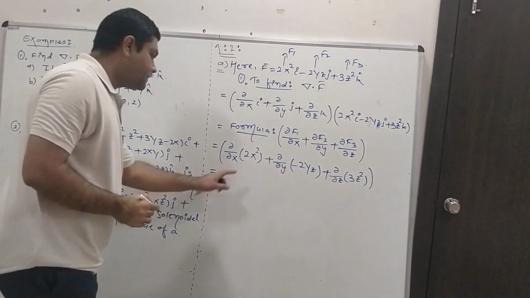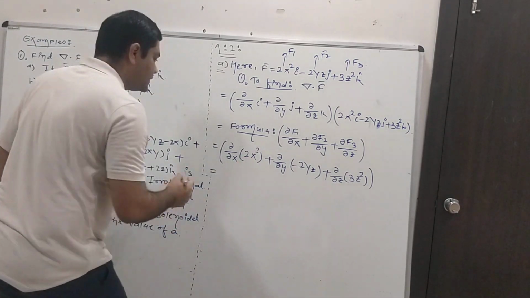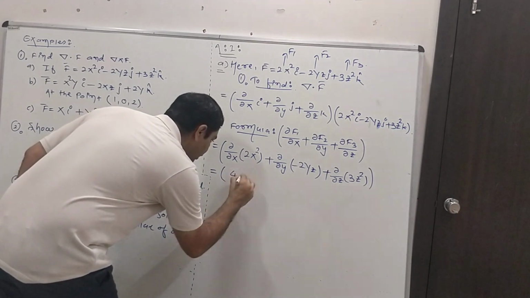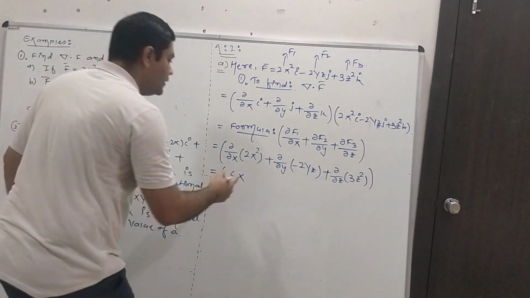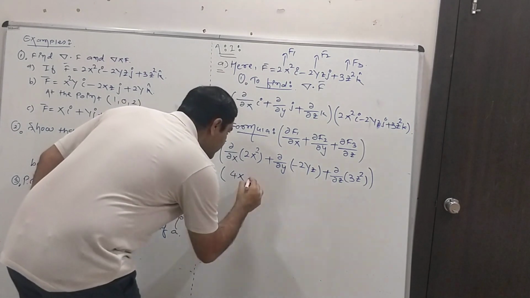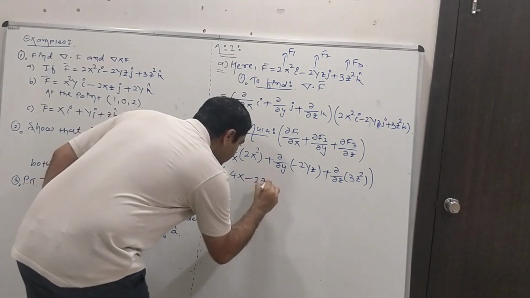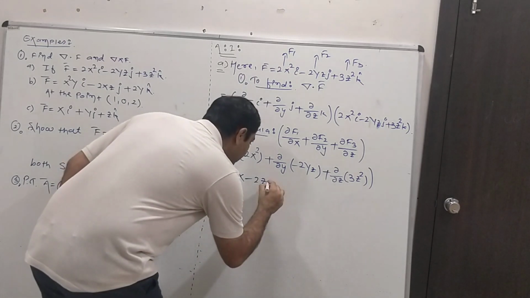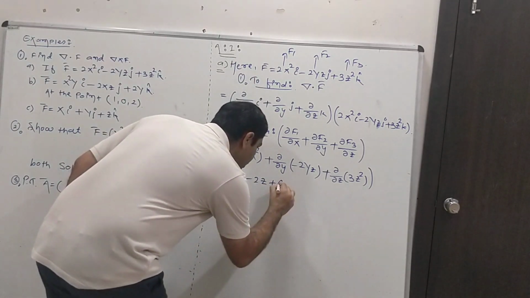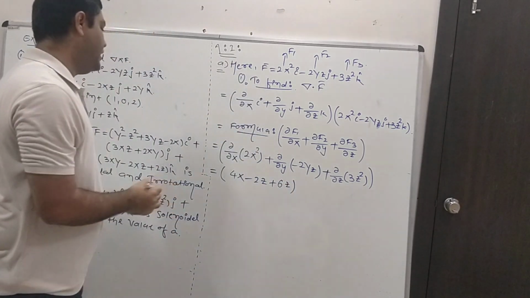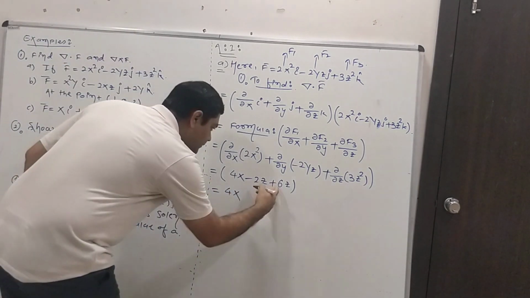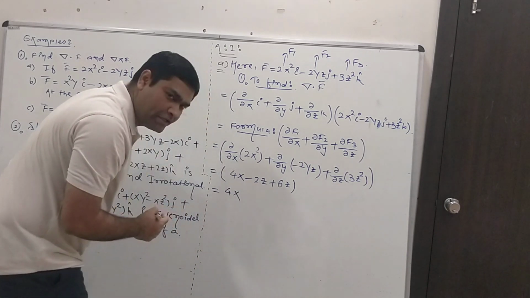So this is the way you can find the divergence of the function. Now with respect to x, x square becomes 2x, so 2 twos are 4x. With respect to y, it is minus 2z, and with respect to z, that is plus 6z. So you can write 4x plus 6z minus 2z, students.